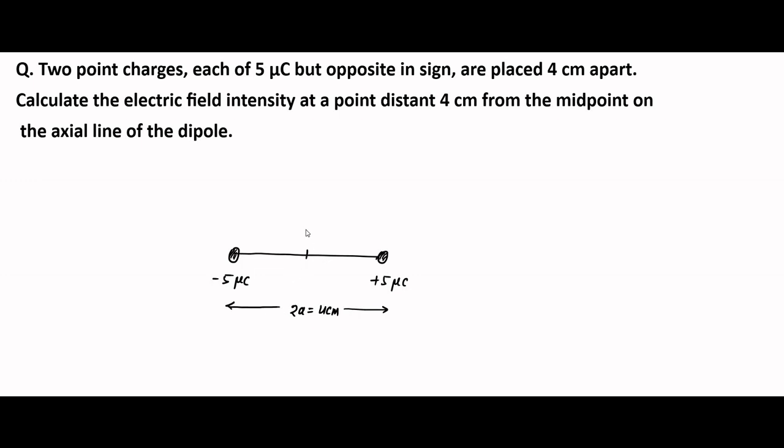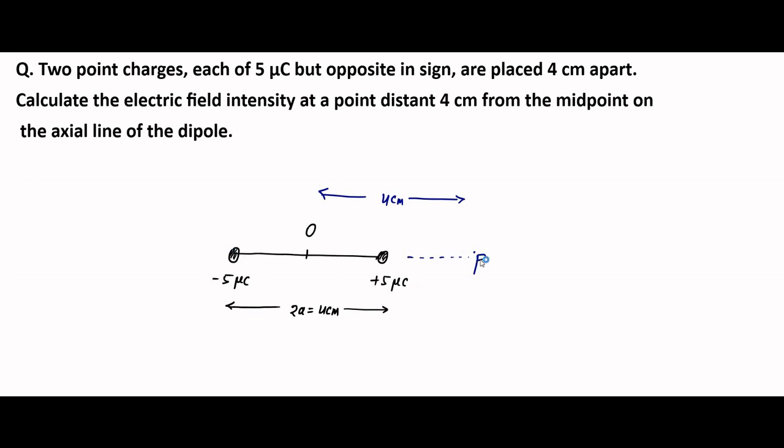This is the midpoint of the dipole. We have to find the electric field intensity at this point P, which is at a distance of 4 centimeters from the midpoint of the dipole.